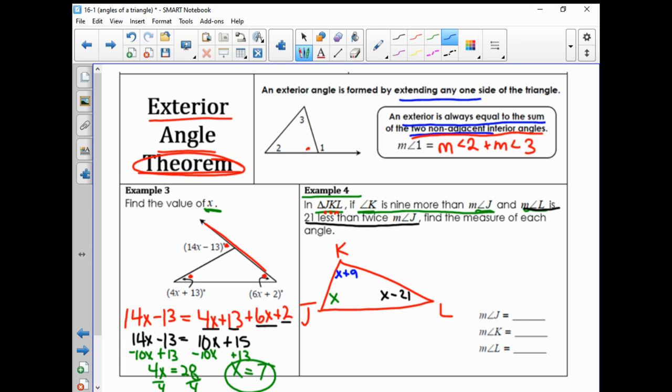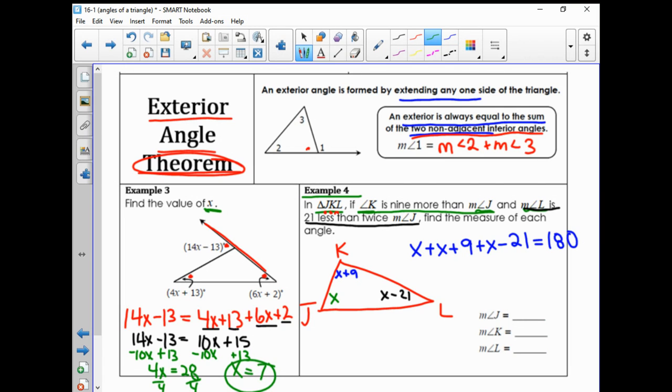Now we could go ahead and say that if we add the three angles together in that triangle, x plus x plus 9 plus x minus 21, we get 180 degrees. And combine our like terms here.